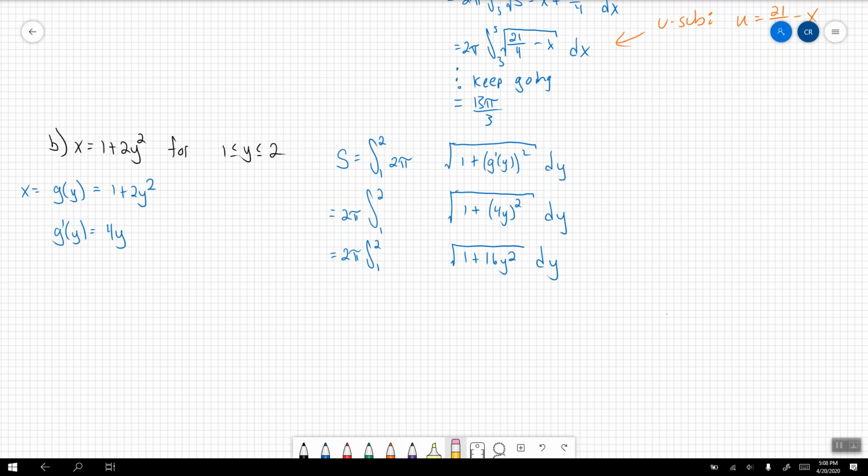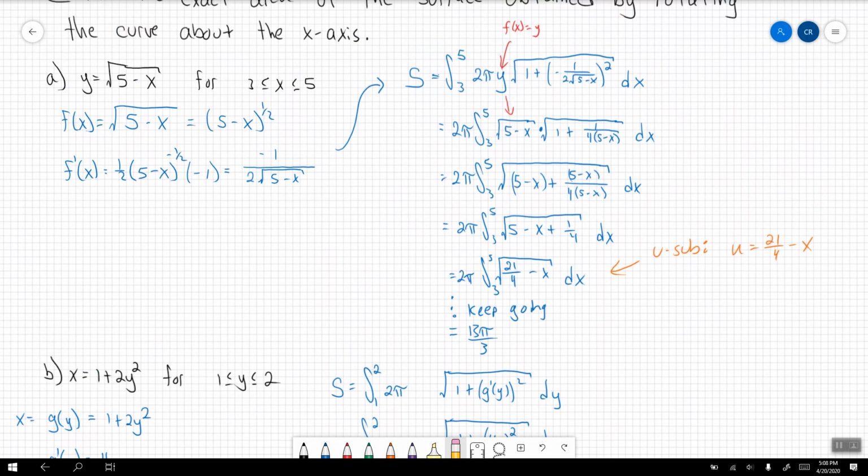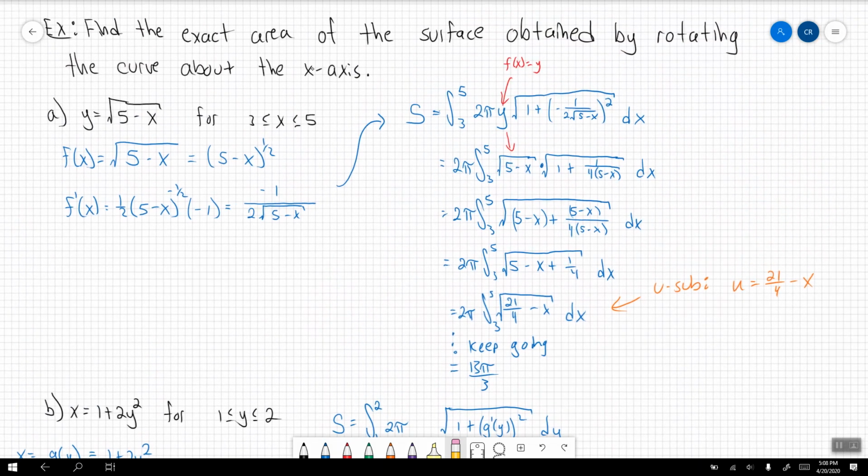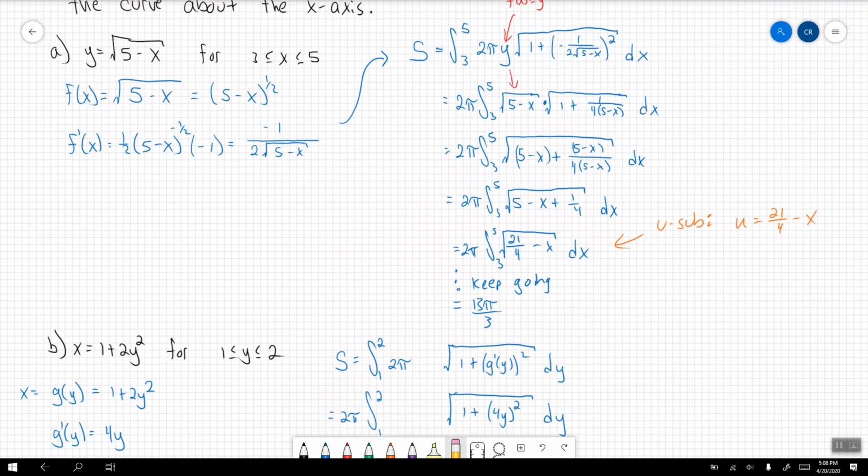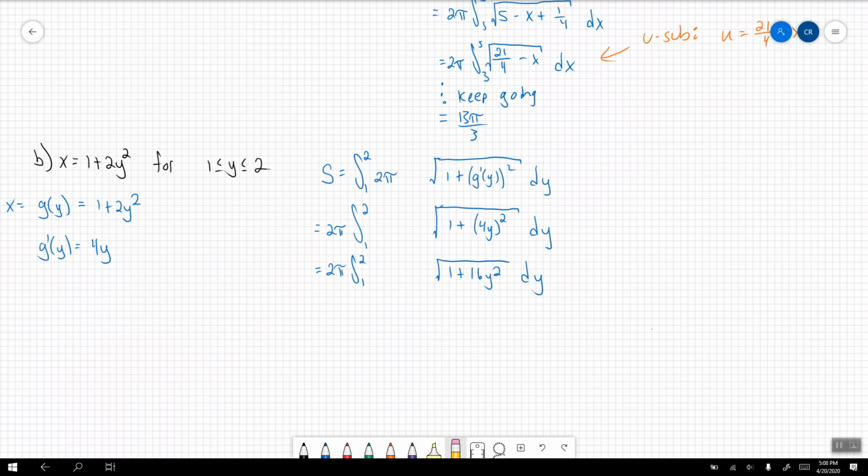But the question as it stands said that we needed to rotate about the x-axis. And rotating about the x-axis, we would still need our y value here to be input as just the y value itself.